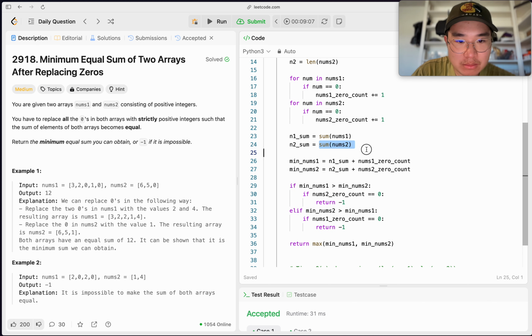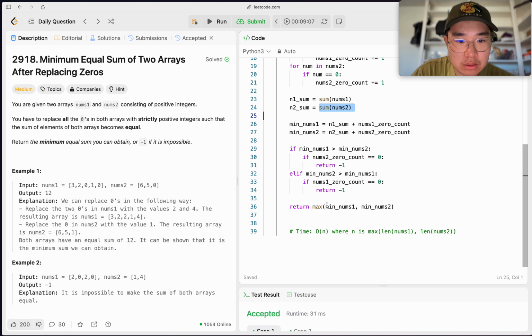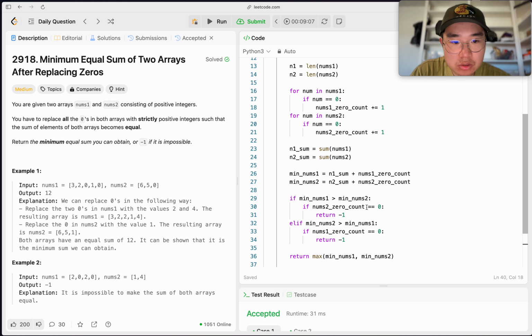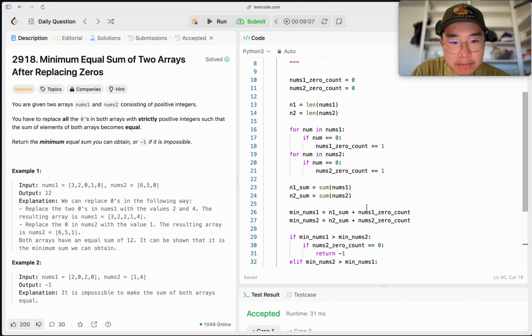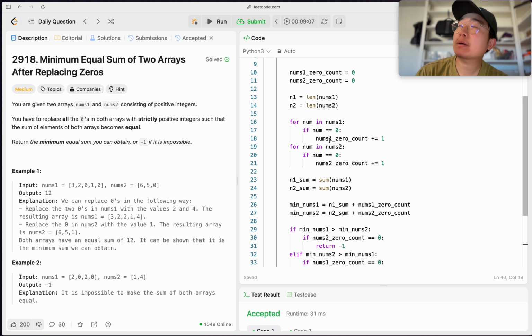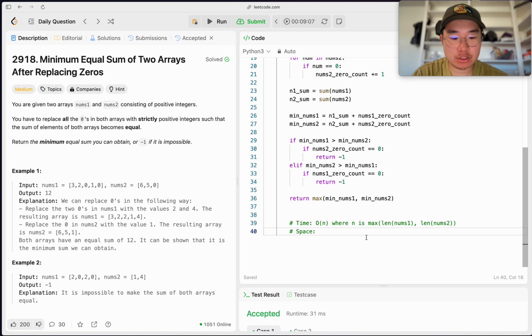Sum is the same, it's just O of n. And then space: zero count, no, that's just a variable. So it's just constant space, O of 1 space. And that's about it.